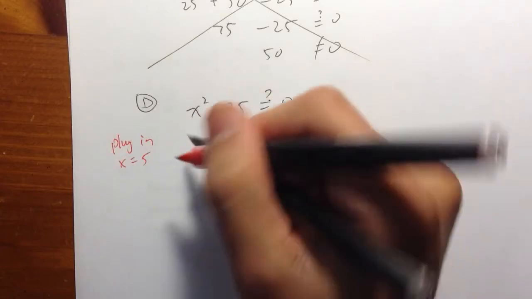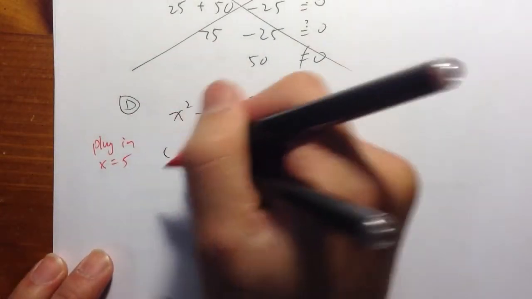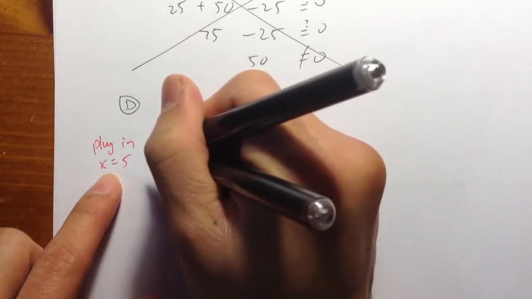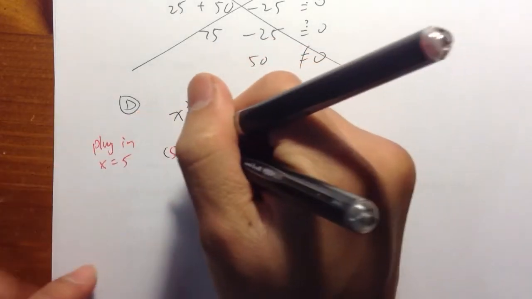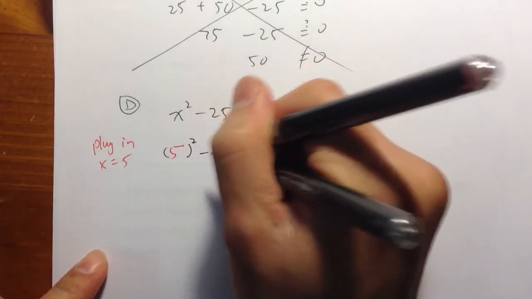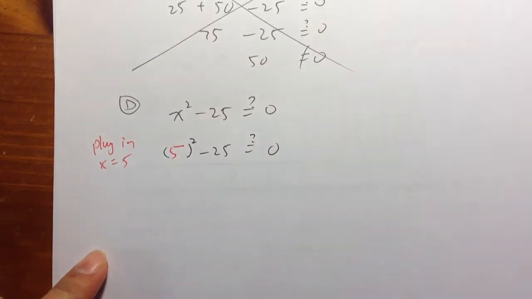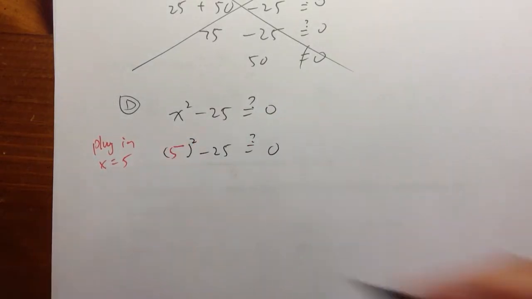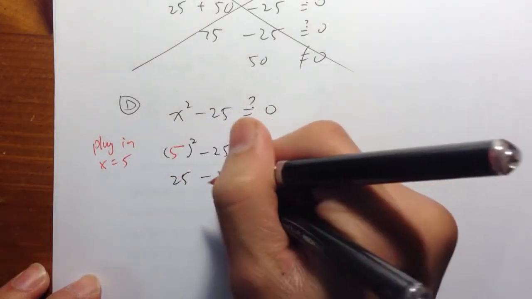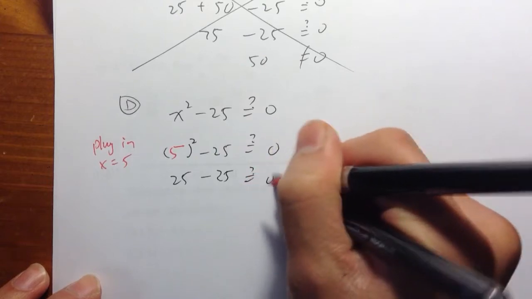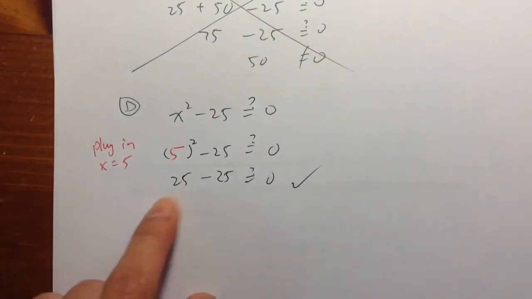I see the x, I put parentheses, I put a 5 inside, and I have the square, minus the 25. Will that be 0? 5 squared is 25, and minus 25, is that 0? Of course it is. 25 minus 25 is 0, so it checks.